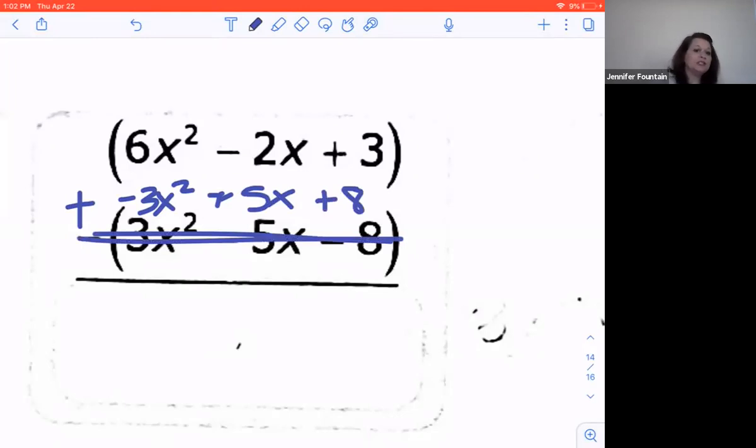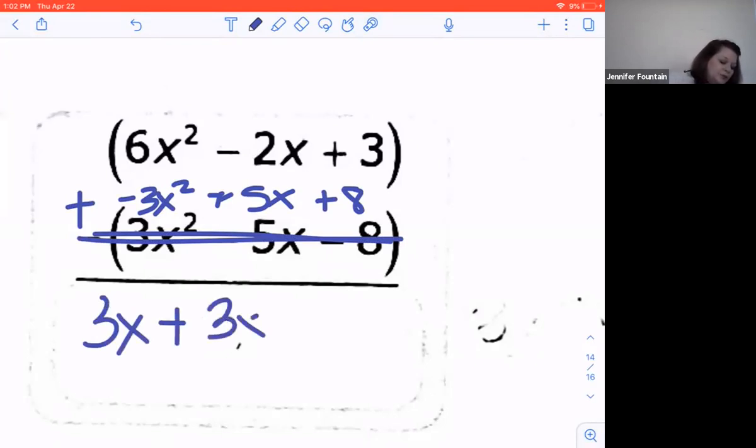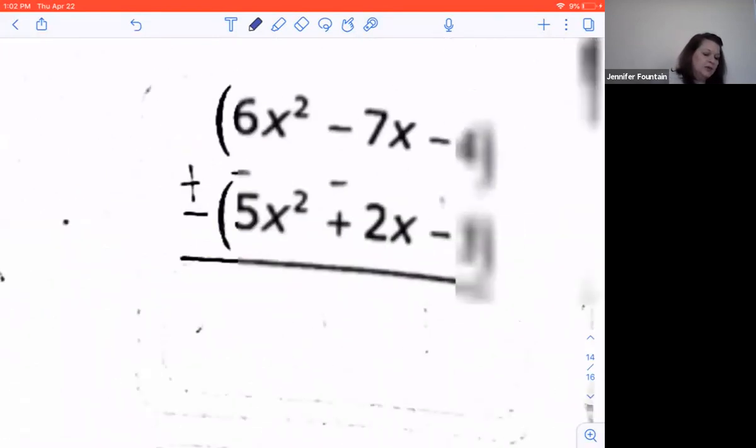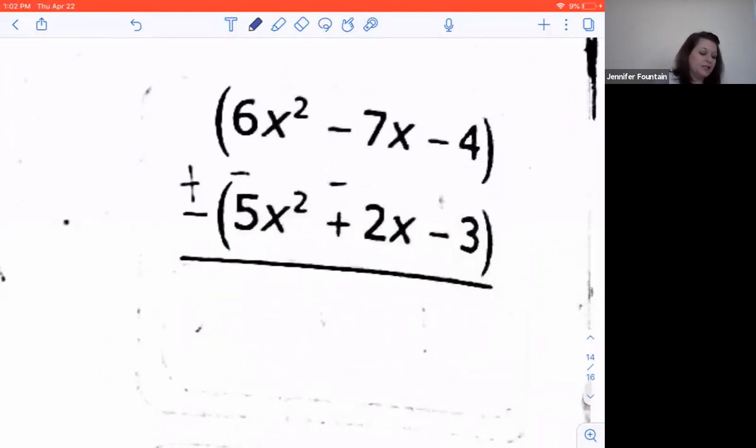So now I have 6x squared plus a negative 3x squared is positive 3x squared, and negative 2x plus positive 5x is a positive 3x. Oops, I forgot my squared. And then a positive 3 plus 8 is positive 11. Next to that one, changing my signs, we can see that I put a little negative in front of this one.